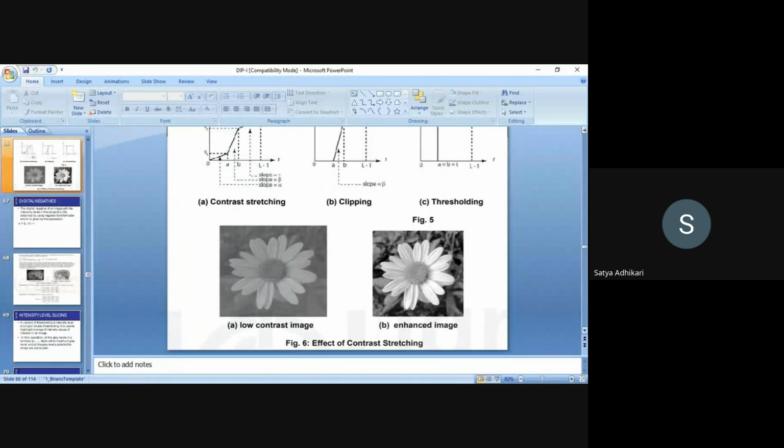There is a low contrast image. After contrast stretching, you see we got a better quality. So contrast stretching is a technique to enhance the quality of an image.